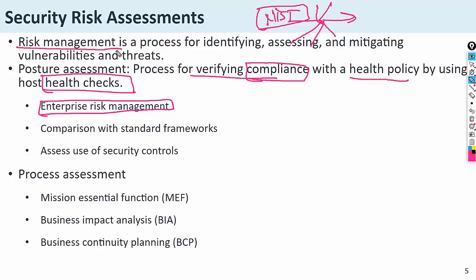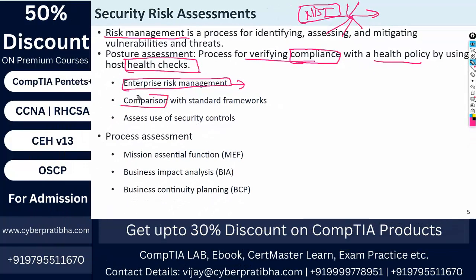Similar. Risk management means the process to identify, assess and mitigate the risk, vulnerability and threats. Then whatever framework you have, you will have to compare your framework with the standard framework.